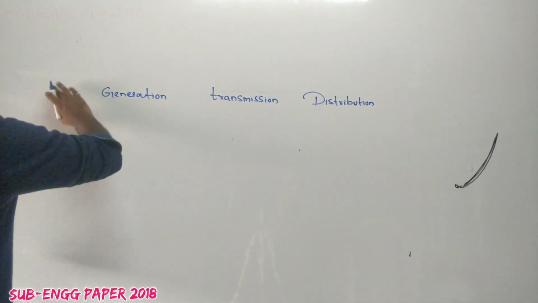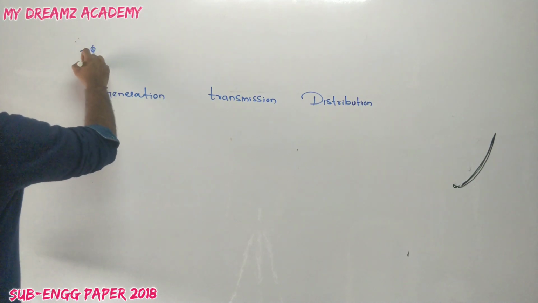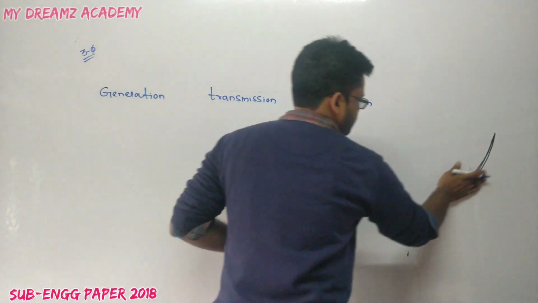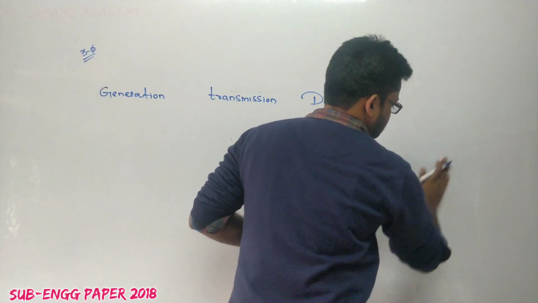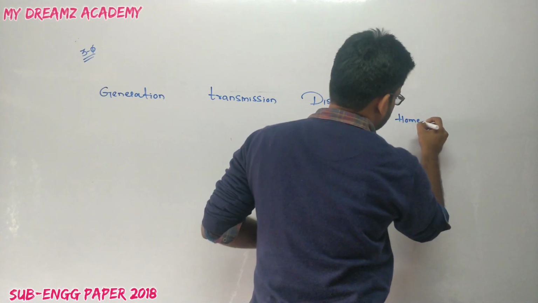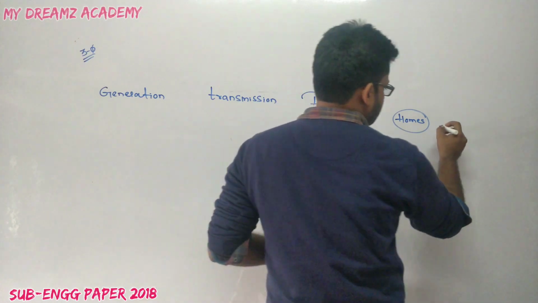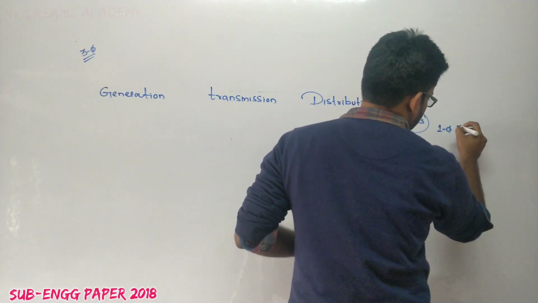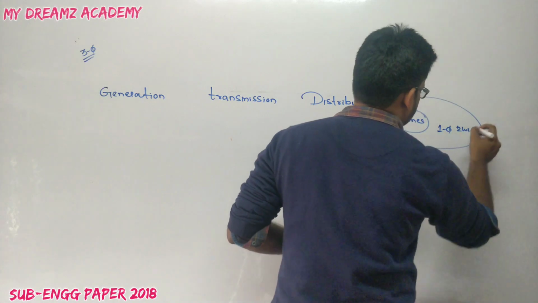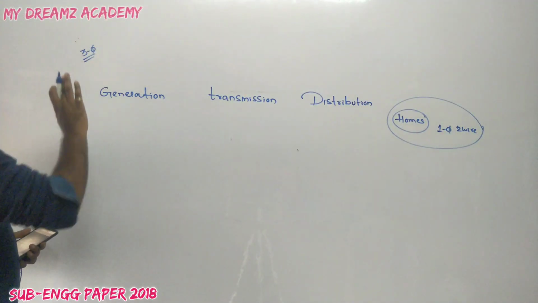The total power system contains 3 phase, except utilization system. In our homes, that is for domestic purpose, we use single phase 2 wire system. Except this place, the remaining is a total 3 phase system only.